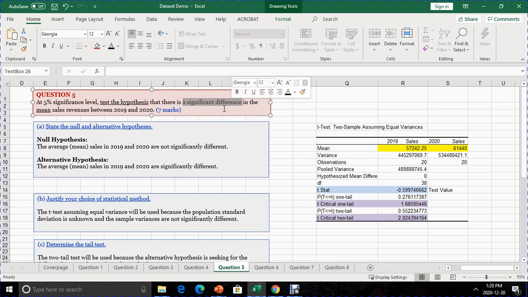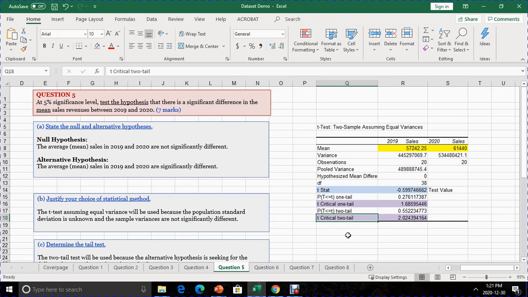The question did not ask if the sales in 2020 is greater than the sales in 2019. In that case, we will look at one tail. But since we are looking for just differences which could go either way, that means we have to look at a two-tail test. In that case, the correct tail test that we need is this one.